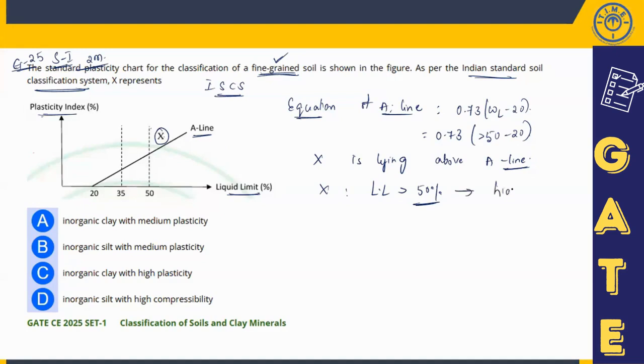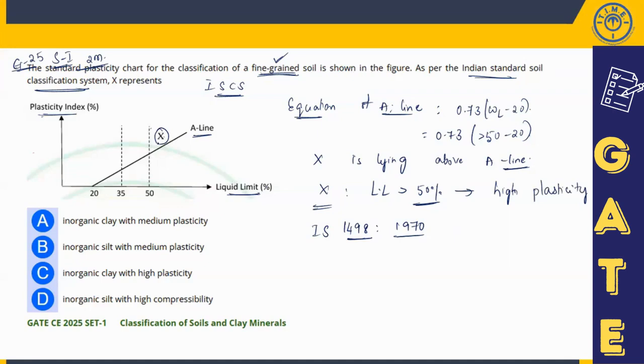As per the codal provision IS 1498 (1970), the Indian Standard Soil Classification System, any fine grained soil whose liquid limit is greater than 50% we call a high plasticity soil.